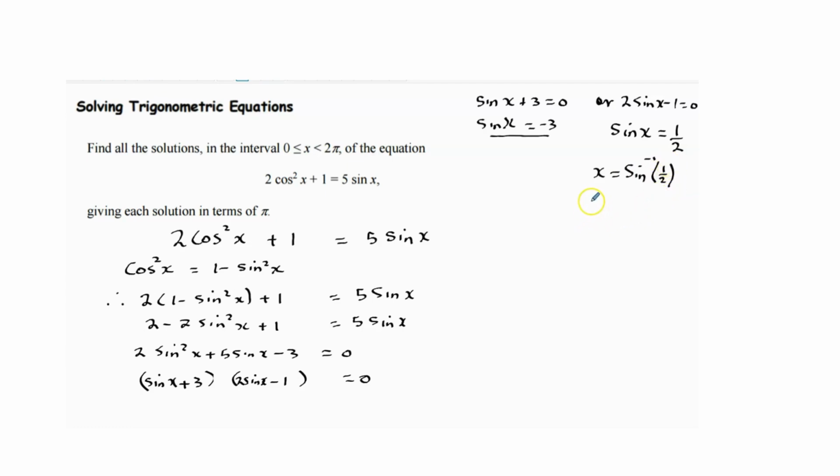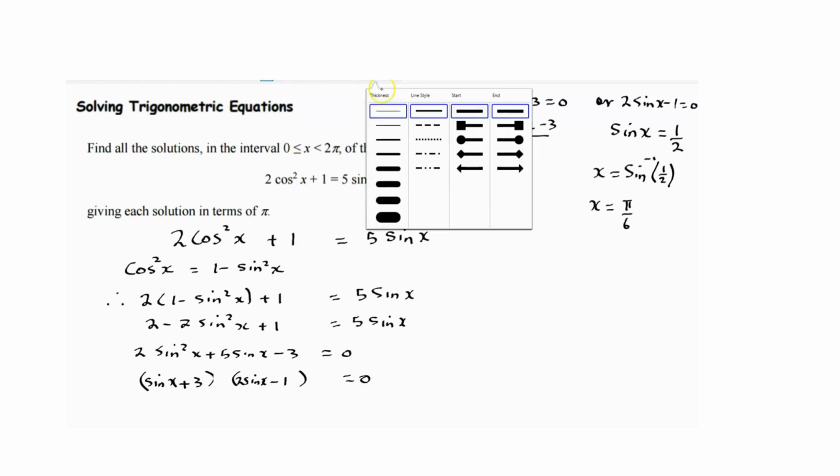So it means that x would equal 30 degrees, or pi over 6, because it's in radians.